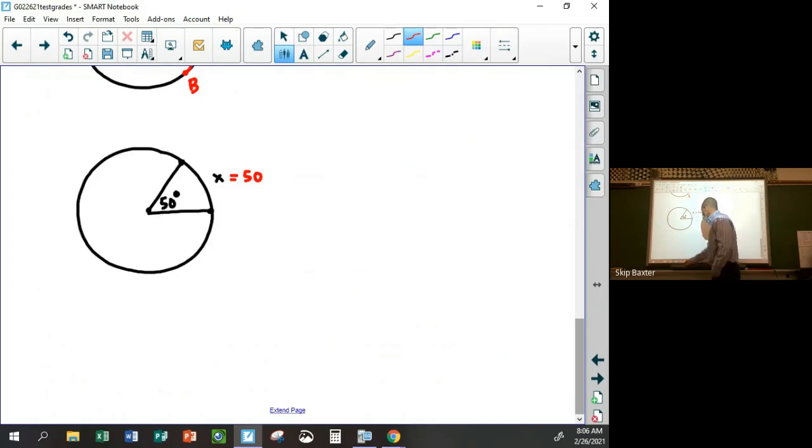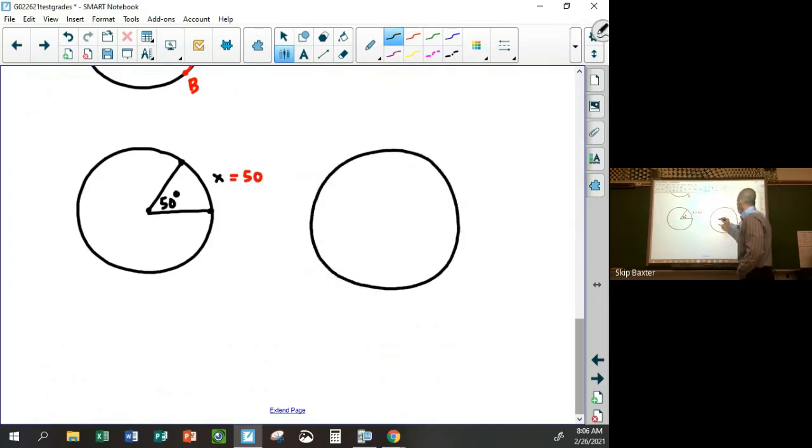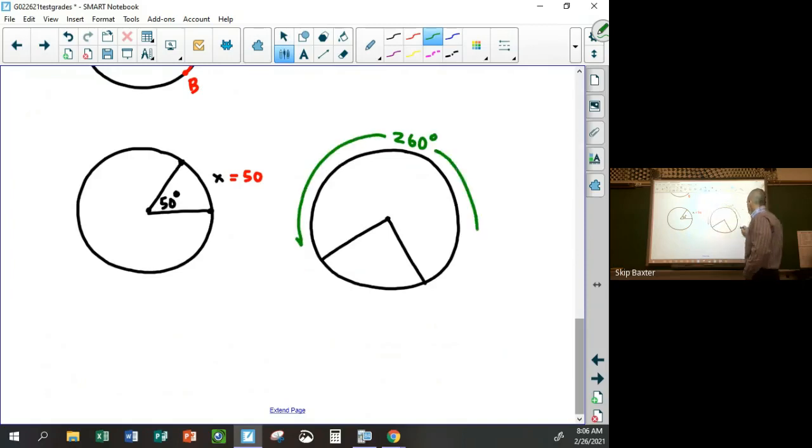Okay. Or what if they gave you a circle and a central angle, and they said this arc over here is 260 degrees. Find the measure of this angle. What would that have to be? 100, right?